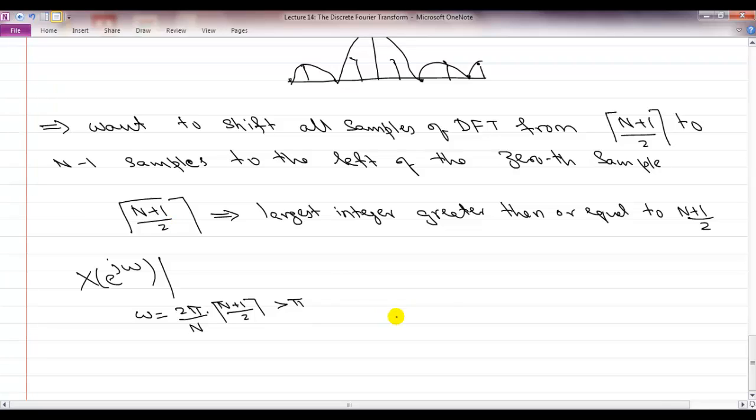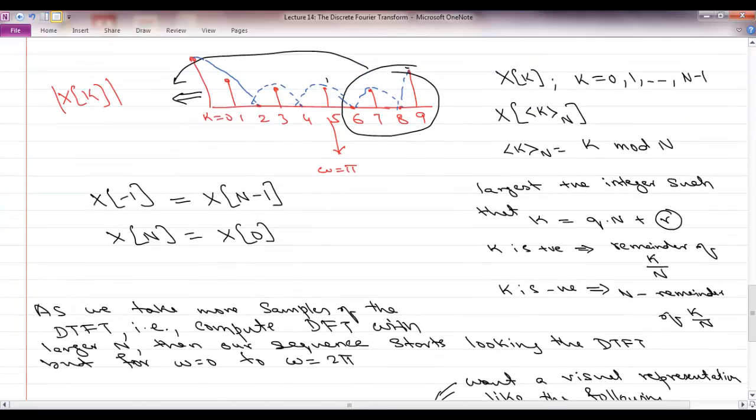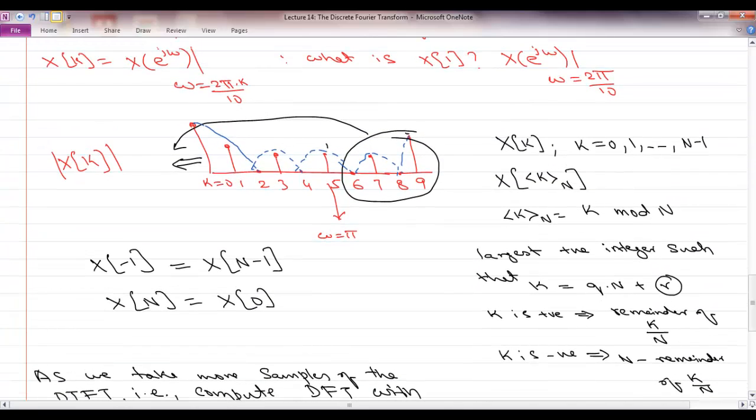Okay? And in MATLAB, you don't have to do it yourself. In MATLAB, there is a function called fftshift, which does this for you. So if you compute the DFT using the MATLAB FFT operation, you get a stem plot like the following, the one in red here.